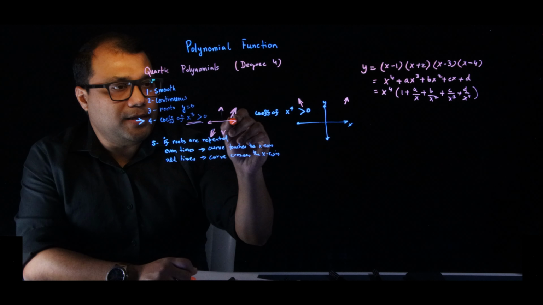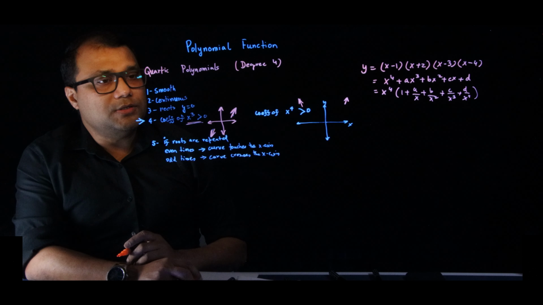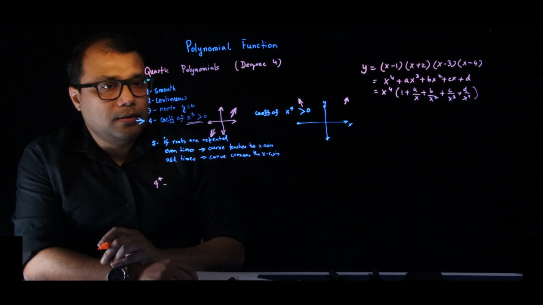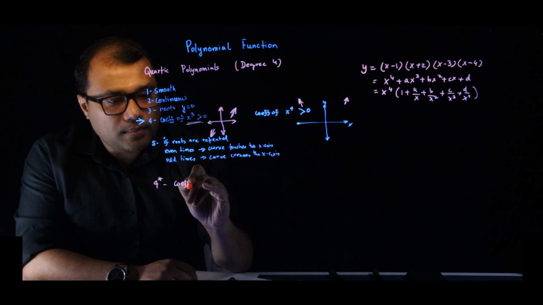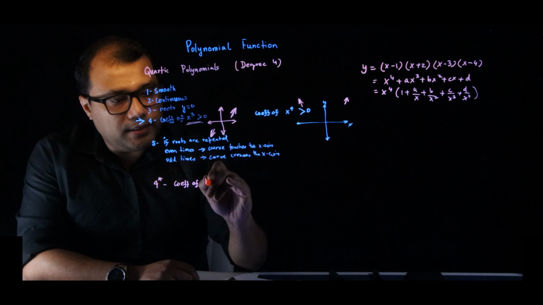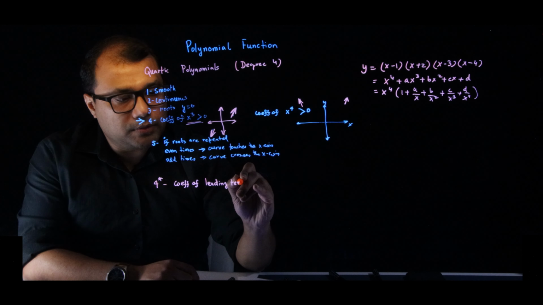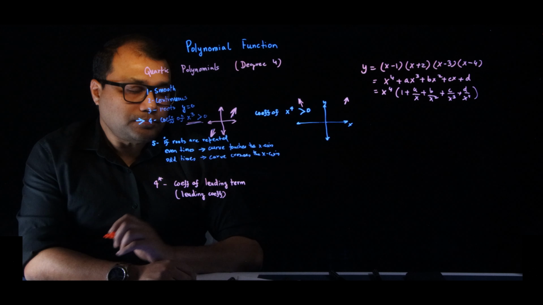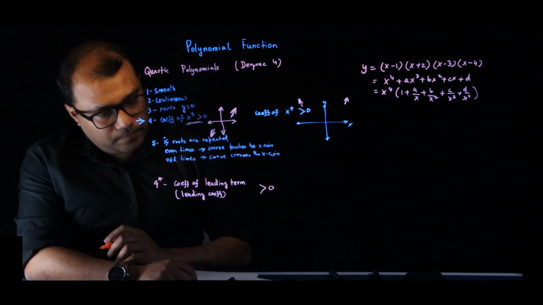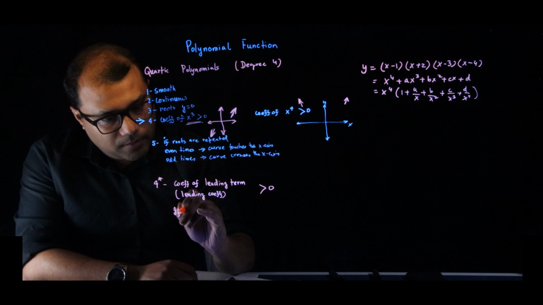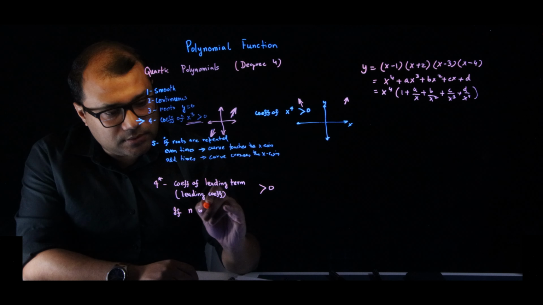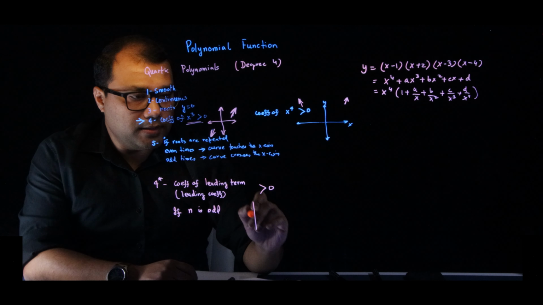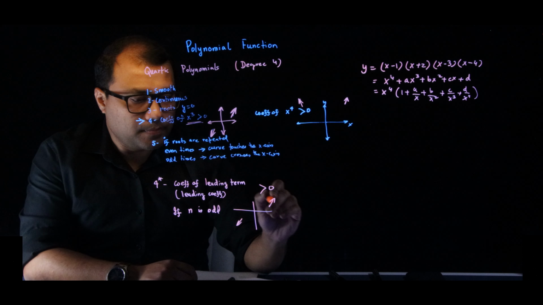So just remember that. In fact, we will expand this rule to say, let's say rule 4: if the coefficient of the leading term, which is also called the leading coefficient, is positive, if n is odd, which is this case, n equals 3, then the graph will be like this.